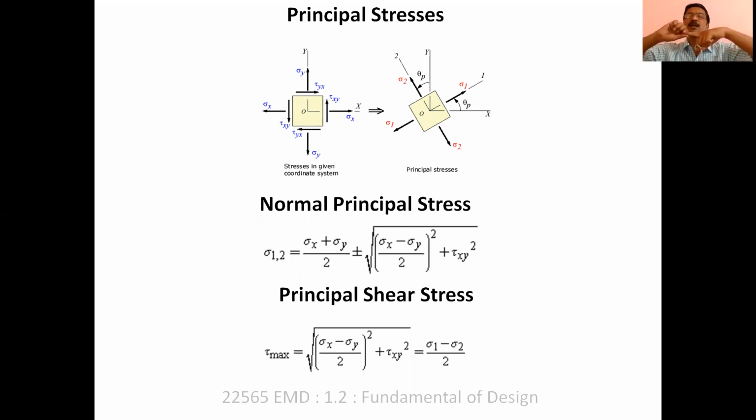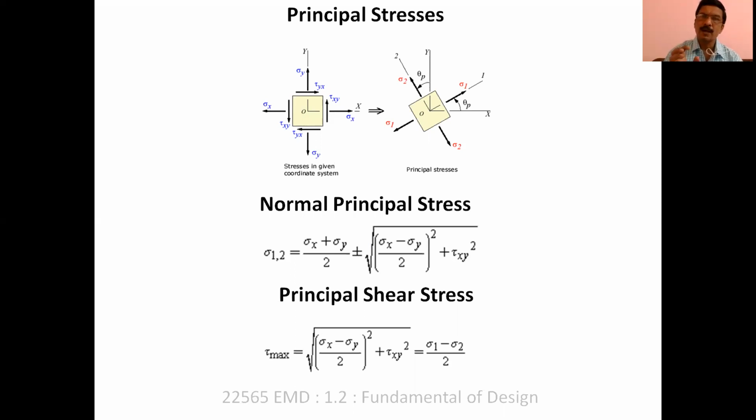There may be chances that a particular machine component is having tensile stresses as well as torsional stresses. So if this machine component is subjected to direct tension as well as shear, then how can we find the total or complete stress on the body? We can calculate that by using principal stresses.